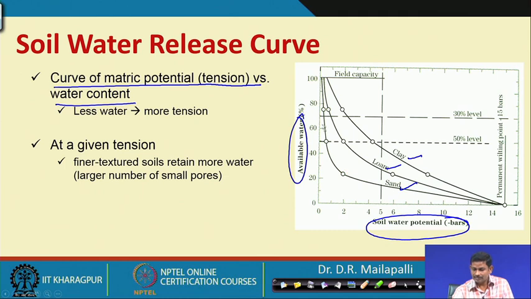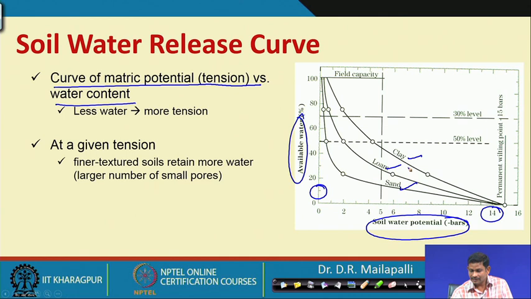For less negative pressures, the soil moisture is higher, and then it declines. In order to take out the lower moisture content, you need to invest higher pressures.